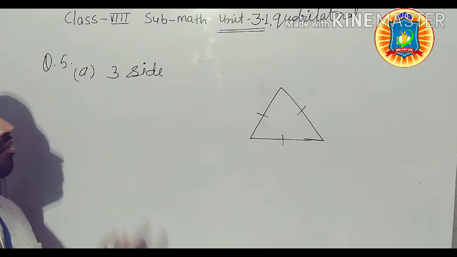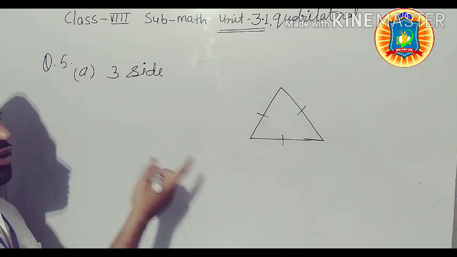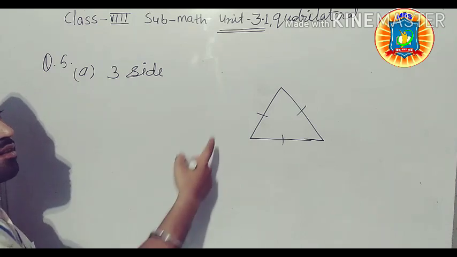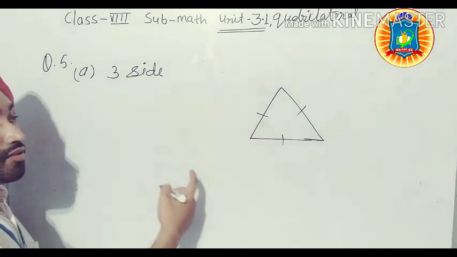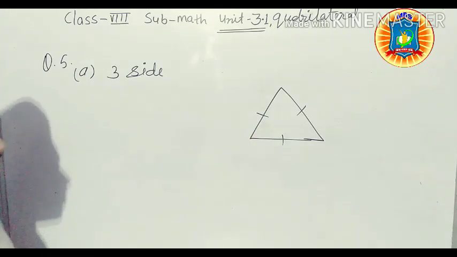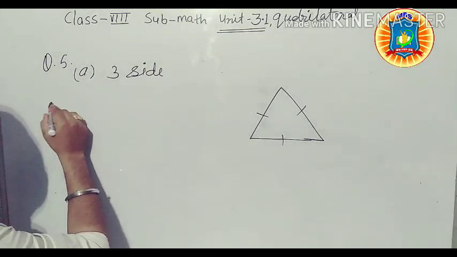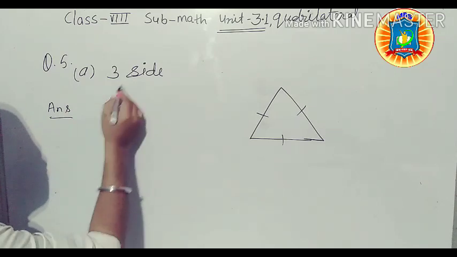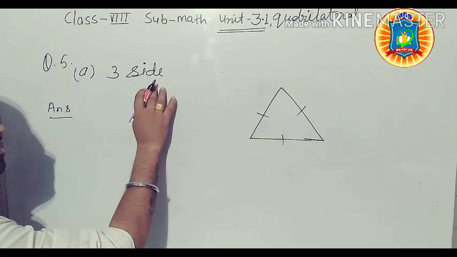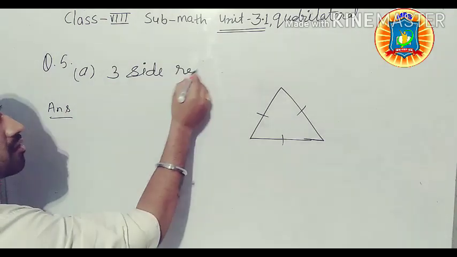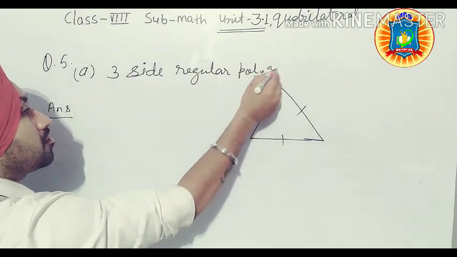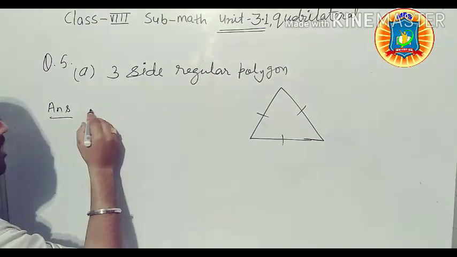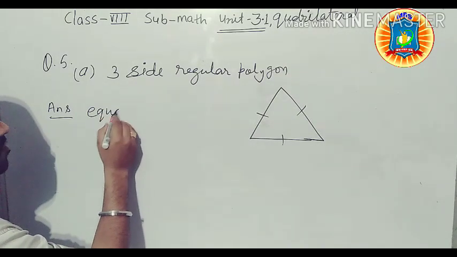So the polygon having 3 sides is a triangle. When all sides of a triangle are equal, then it is an equilateral triangle. So the solution for the 3-sided regular polygon, we say that it is an equilateral quadrilateral.